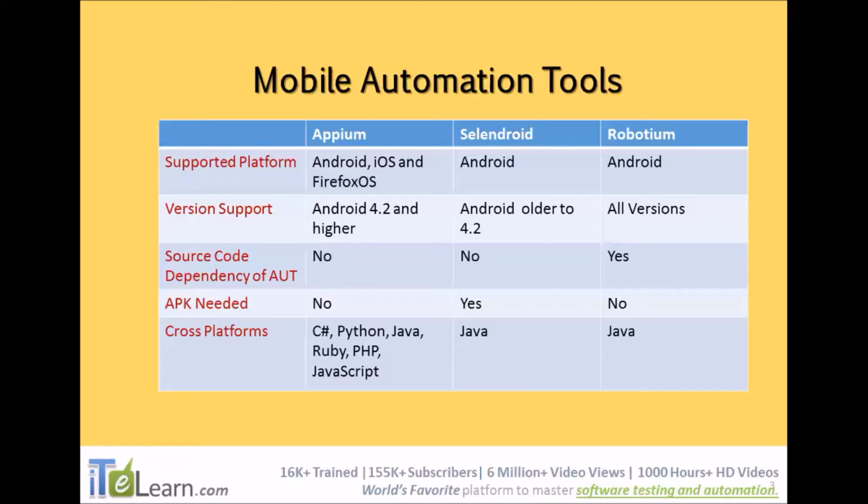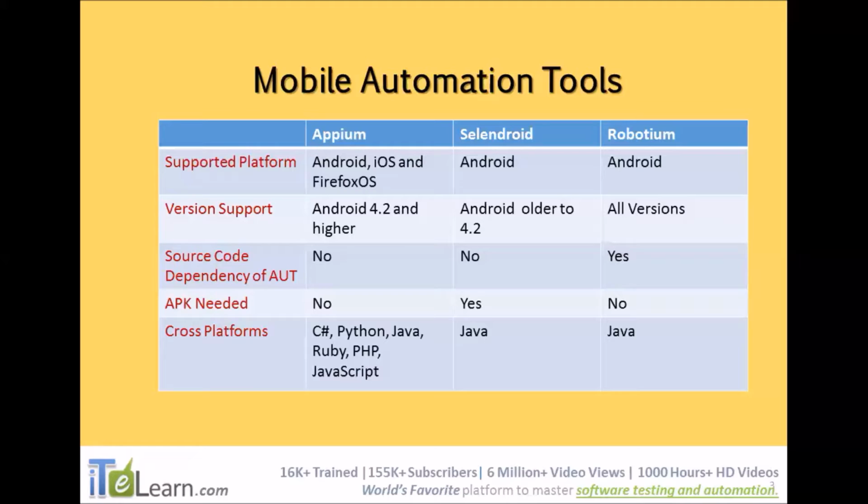In our case, if we compare this based on an Android application, then you need the binaries of the application along with the APK to drive your test automation using Robotium. However, this is not the case with Selendroid and Appium. So here again, Appium wins the battle.